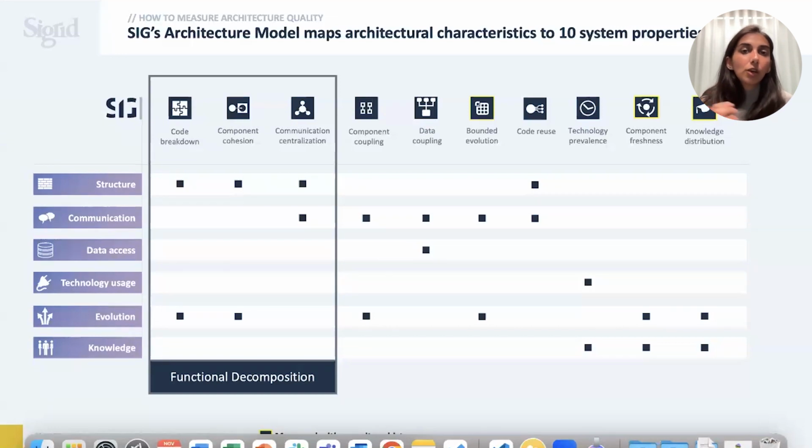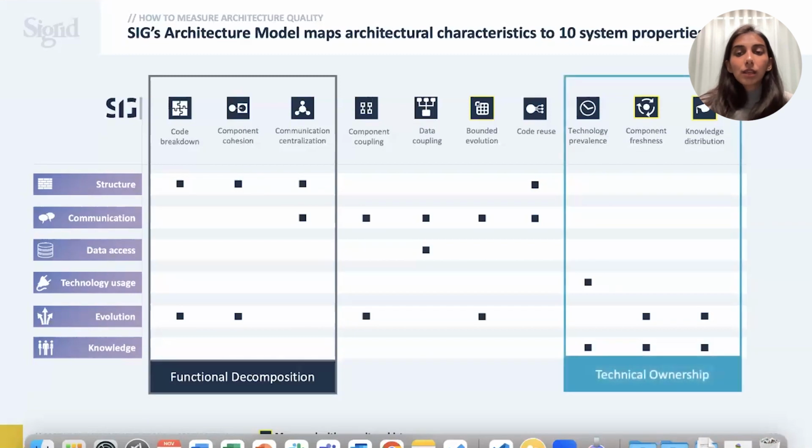Is there a logical decomposition in your architecture or not? The last three talk about technical ownership. Which technology is being used? Is it modern enough or not? Are my components frequently being maintained or not? Where does my knowledge lie? Are there too many people or too few people, as we just discussed?